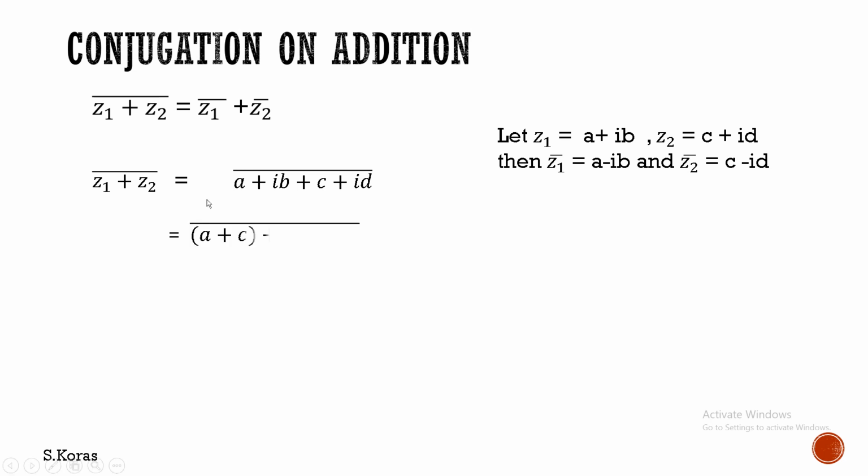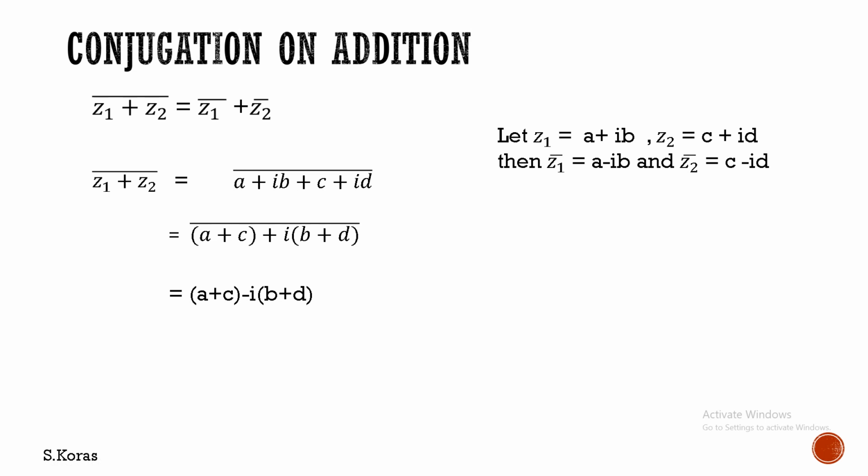Then the answer will be a plus c plus i into b plus d. Now we have to take the whole bar, that is we have to change only the imaginary part sign. Then the answer will be a plus c minus i into b plus d. This is our answer for z1 plus z2 the whole bar.